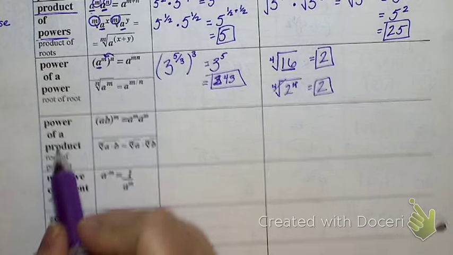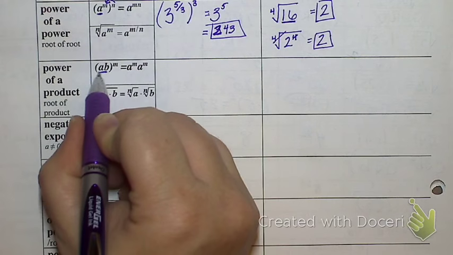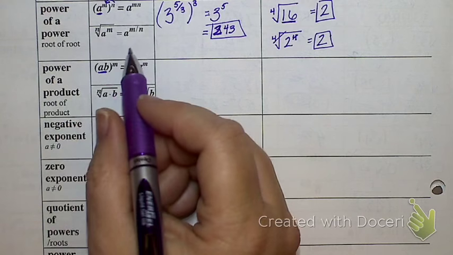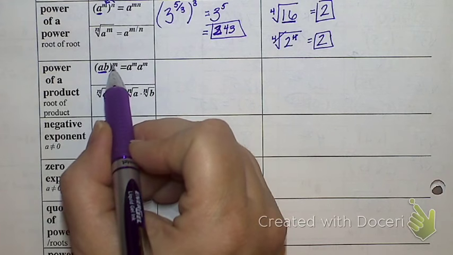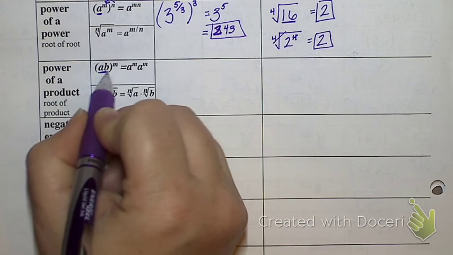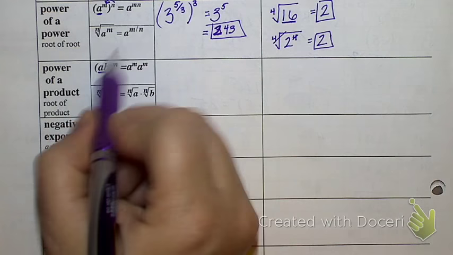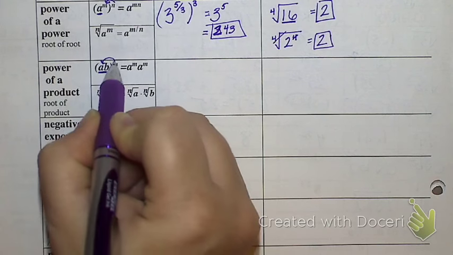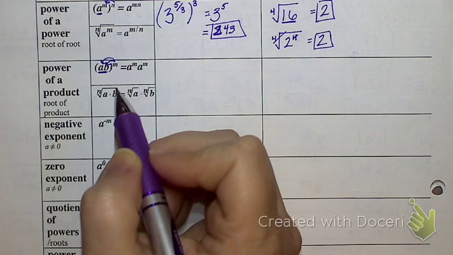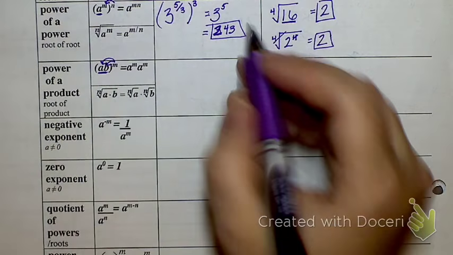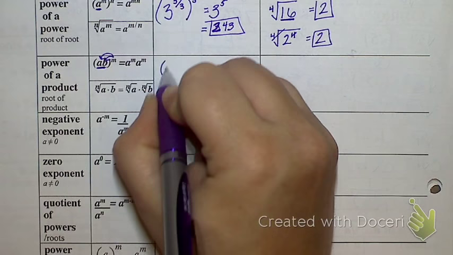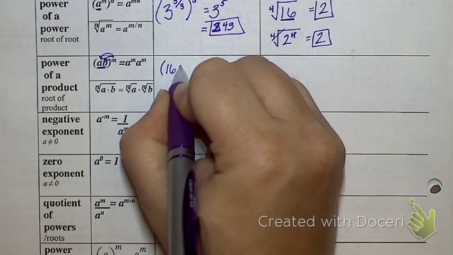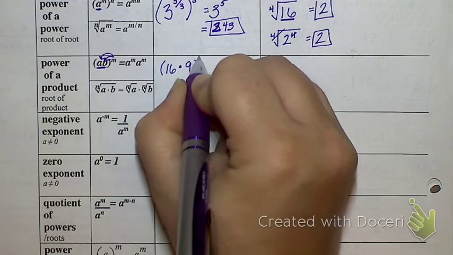Power of a product. So there is a product or a multiplication problem that's being raised to a power. Well, when you have multiplication inside your parentheses, you can distribute that exponent and it applies to everything inside that parentheses. So here's an example. If I had 16 times 9 to the 1/2 power.